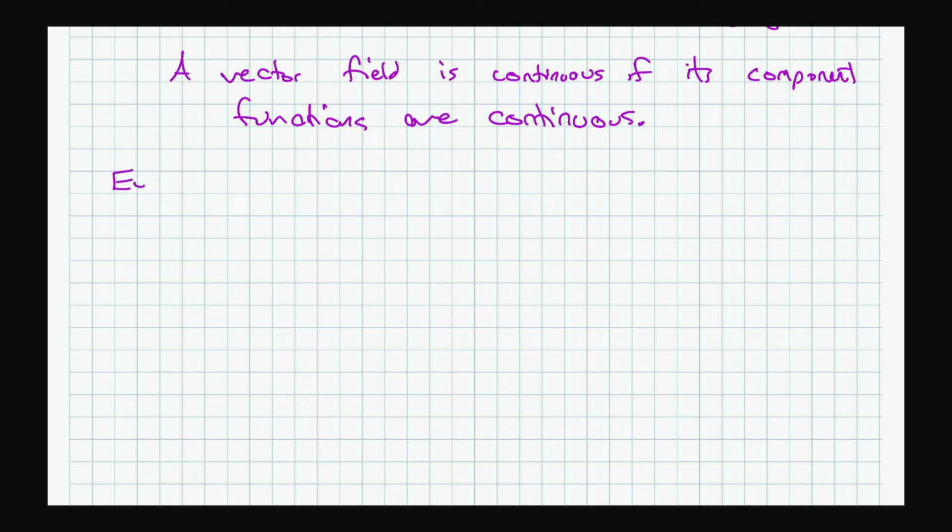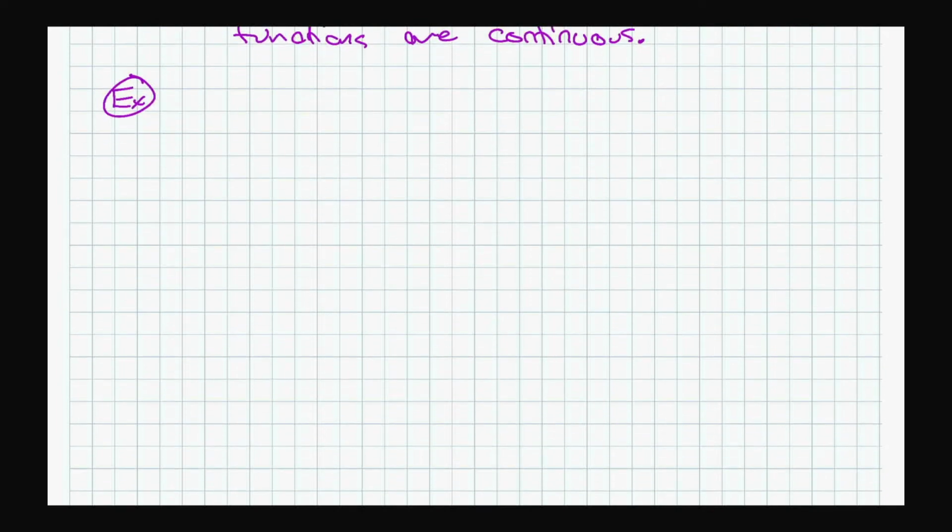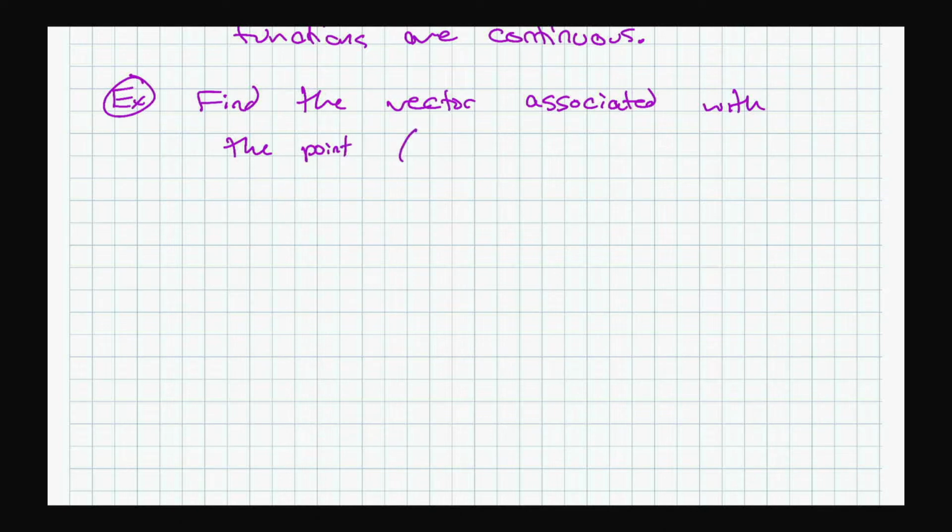So example: find the vector associated with the point (0, -1).